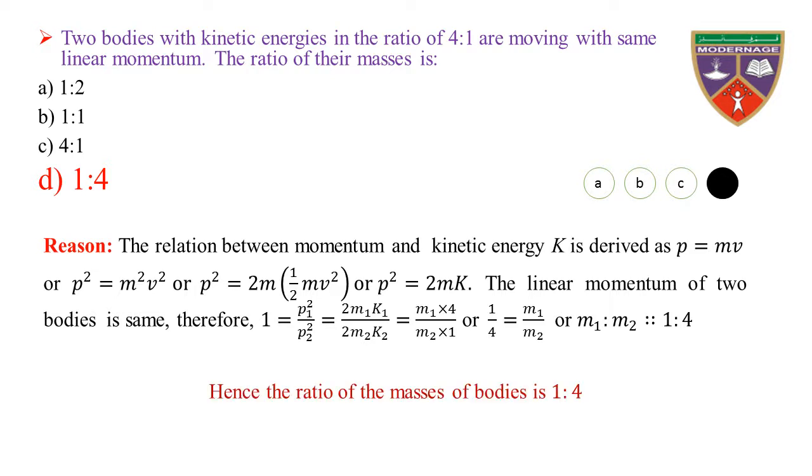Hence, the ratio of the masses of bodies is 1 to 4.